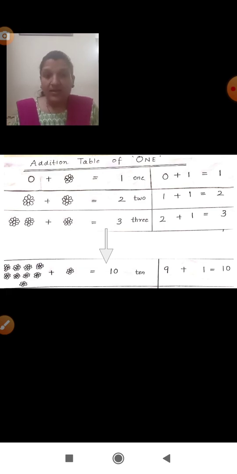One more thing, I have used the flowers over here. You can draw any other picture of your choice and you can color it also. So make a very nice, neat project on any of the paper available at home. I hope it is clear to all of you. And this project you have to submit to your teacher when the school will reopen.